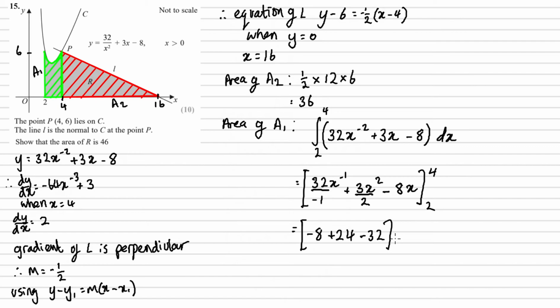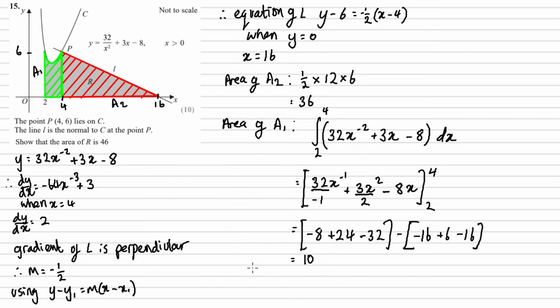Okay, and we are subtracting from this second part: 32 multiplied by 2 to the minus 1 divided by minus 1 is minus 16. 3 times 2 squared over 2 is 6, plus 6. Then minus 8 times 2 is minus 16 again. Okay, so if you compute that in the calculator, you should get a value of 10.